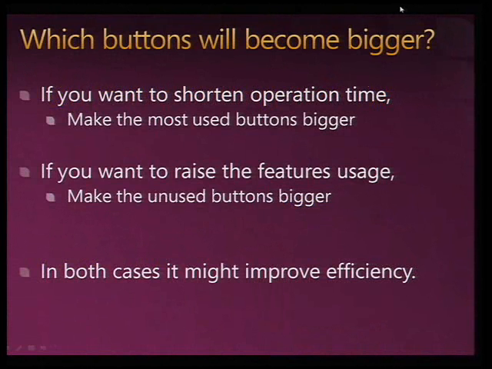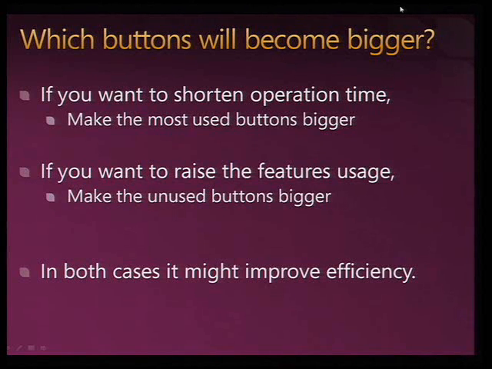Now, let's think a little bit further. Would we like the most frequent buttons to be bigger, or should we go the opposite way? What do I mean? If you have some features that the user doesn't use, and you think you can help him if you convince him to use them, because he doesn't know that they are there, maybe we should go the other way around. Maybe we should make the frequently used buttons smaller and those that he didn't use bigger.